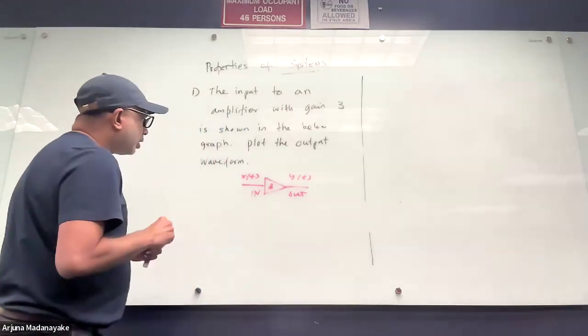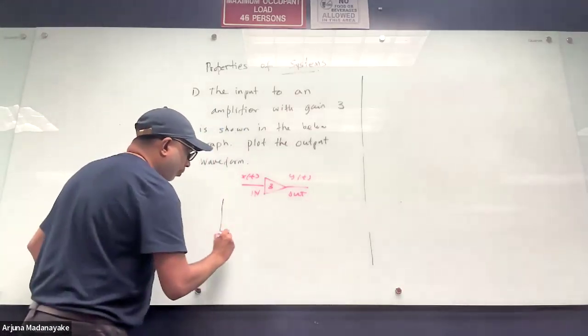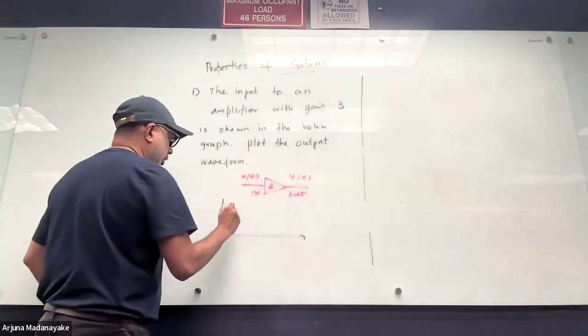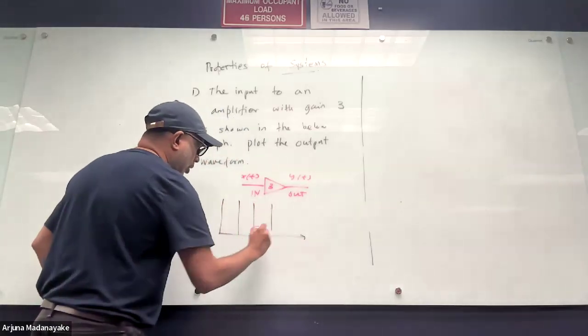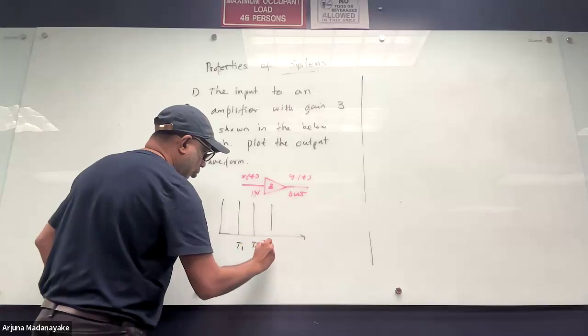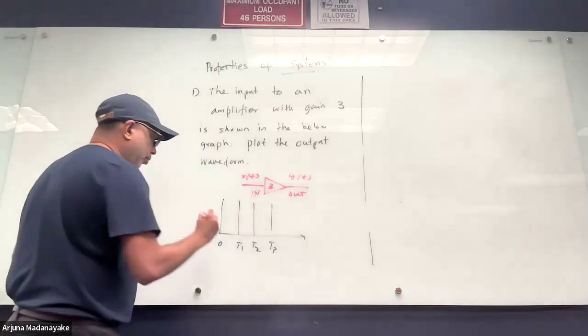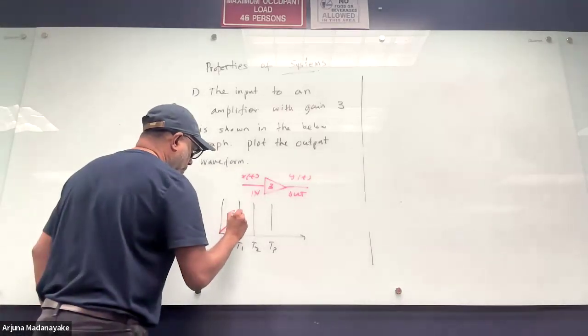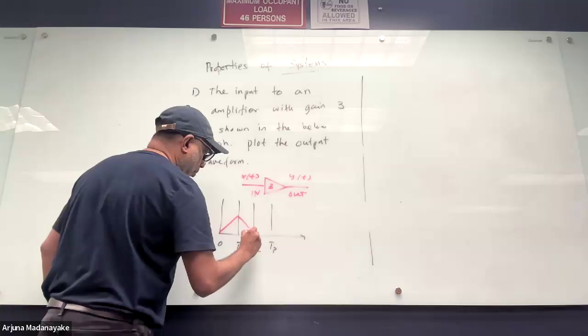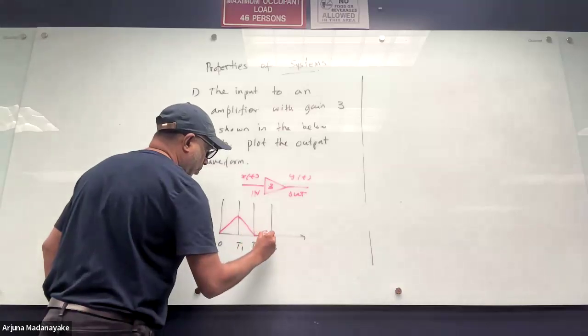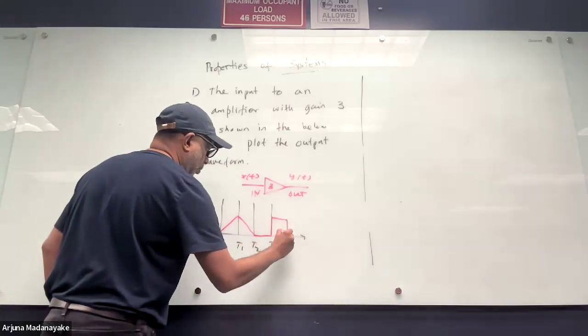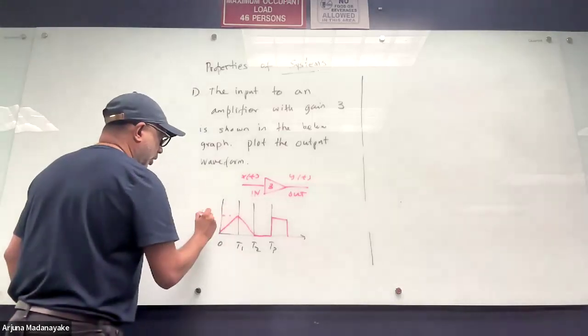And I'm defining the input. So these are time values. Time t0, t1, t2. This is alpha.